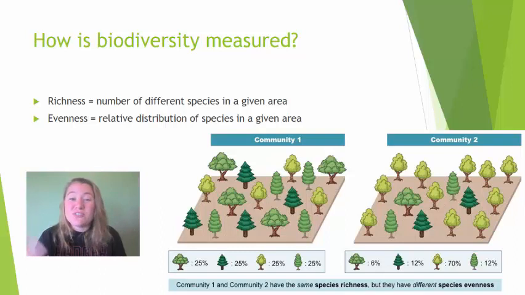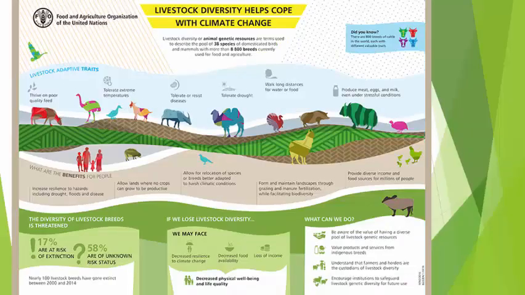If we count the number of different types of trees that are in community 1 and community 2, we find that they both have 4 different species. But species evenness is the relative abundance of each of these particular types of tree species. And we can see that community 1 is much more evenly distributed than community 2.